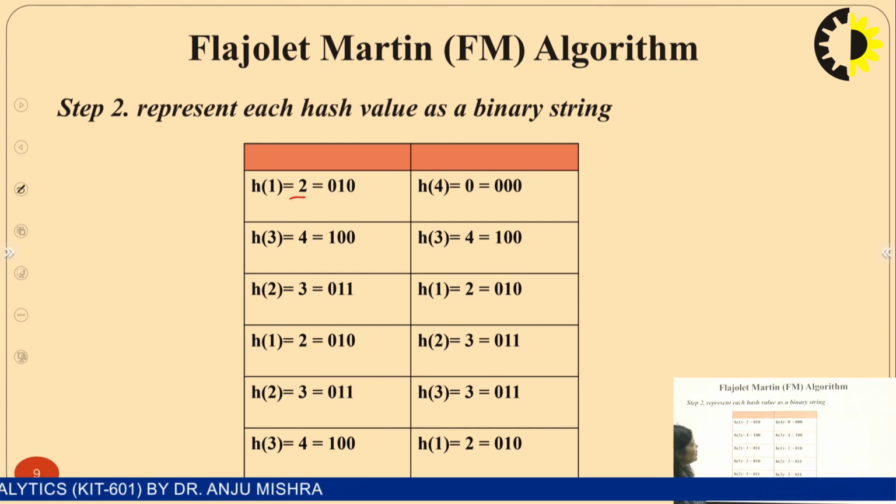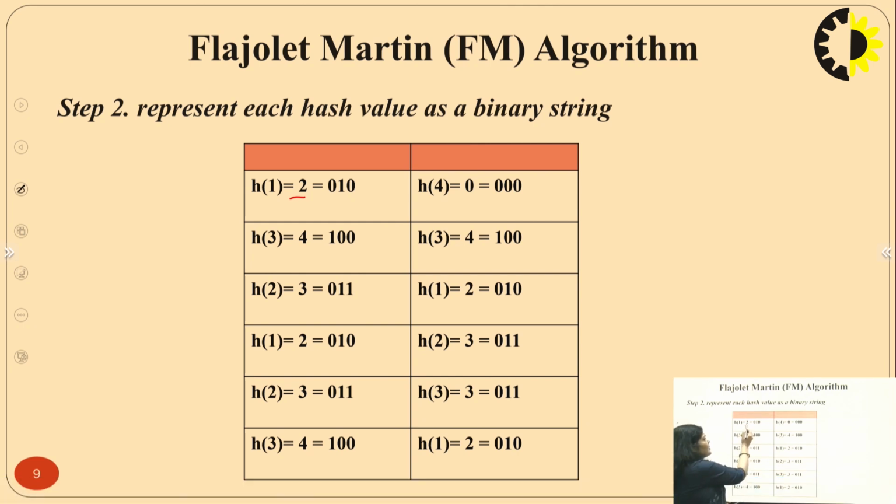zeros and ones. So for example, here for the encoding purpose, we have taken the binary string length as 3. So we are representing each and every output of this hash function with a string of zeros and ones of length 3. For 2 we are representing it as 0, 1, 0. For 4 we are representing 1, 0, 0. For 3 we are converting it to the binary value, which is 0, 1, 1.